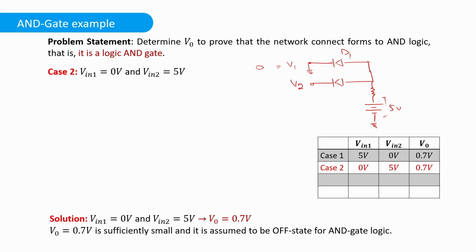And when input voltage at second terminal, which is for the second case 5 volts, so this is 5 volts. Now we can see over here we have positive terminal, this is negative terminal. For diode, this is negative terminal and this is positive terminal. So we can clearly see positive terminal is connected with the negative terminal of diode.